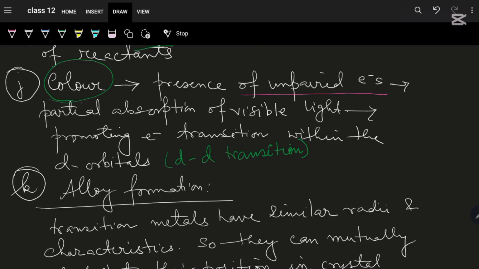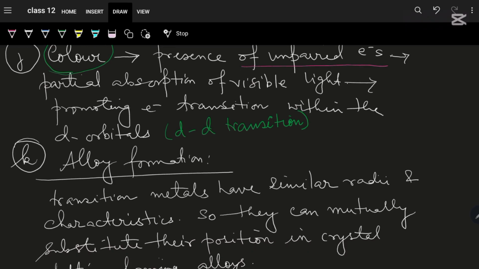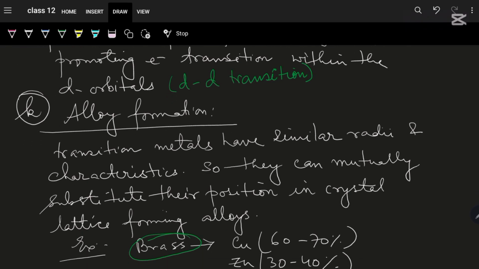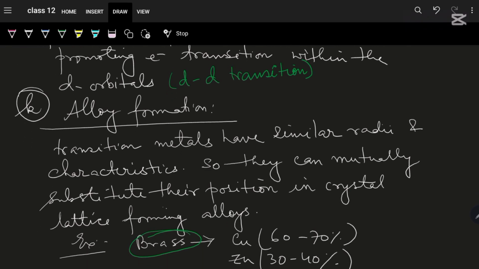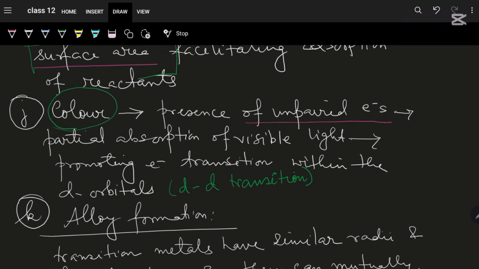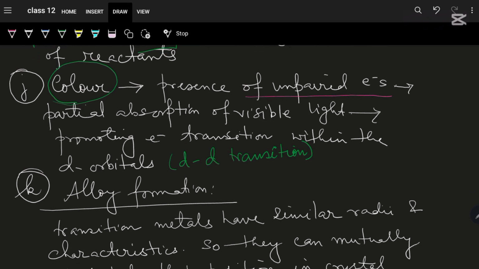These unpaired electrons absorb the visible light from the spectrum, which promotes the electron within the d orbitals, that means from a lower energy level to a higher energy level within the d orbitals, which is known as d-d transition. So, generally we see when students are answering any question related to color, they just leave the answer mentioning that there occurs d-d transition.